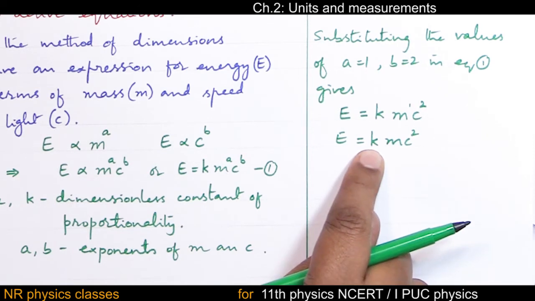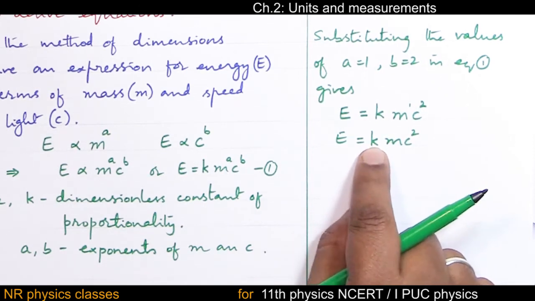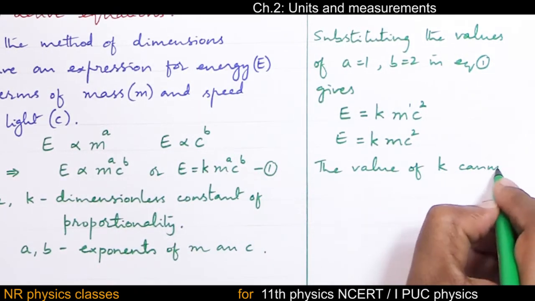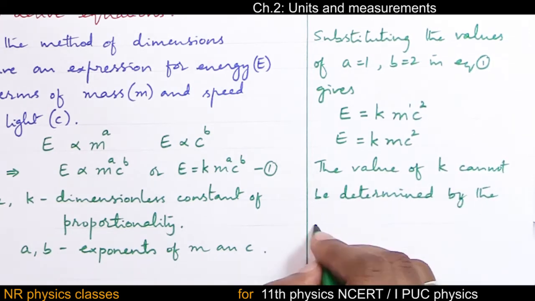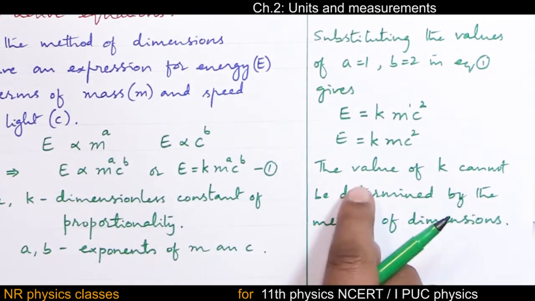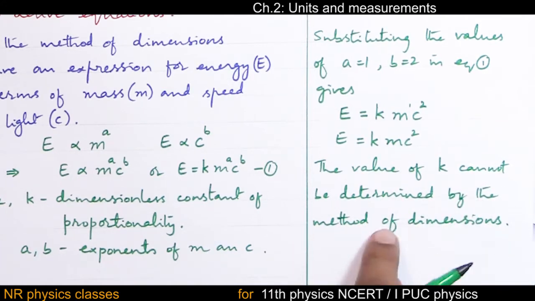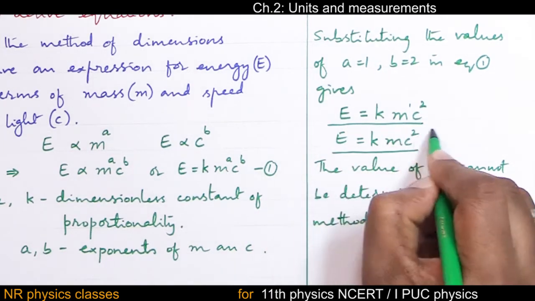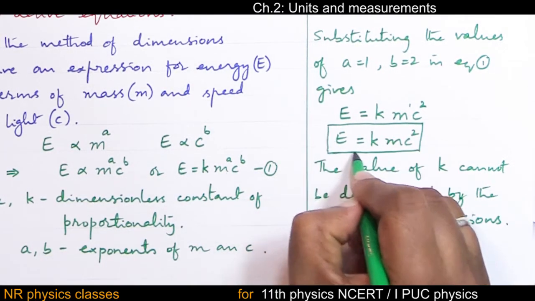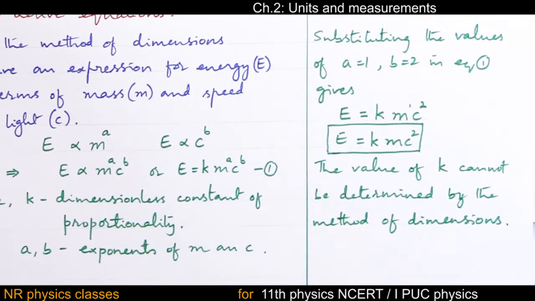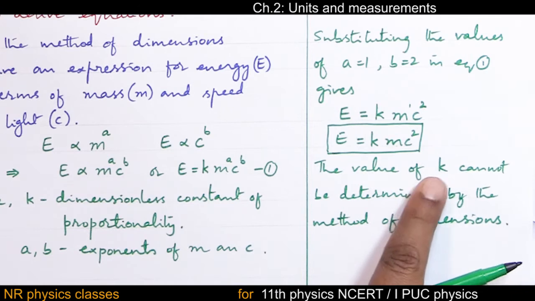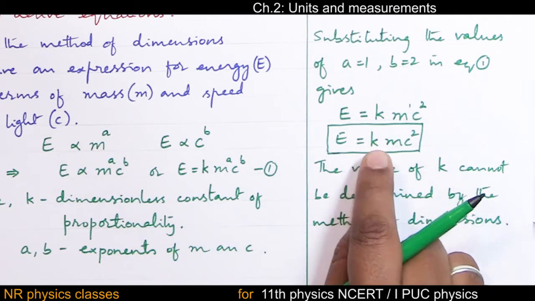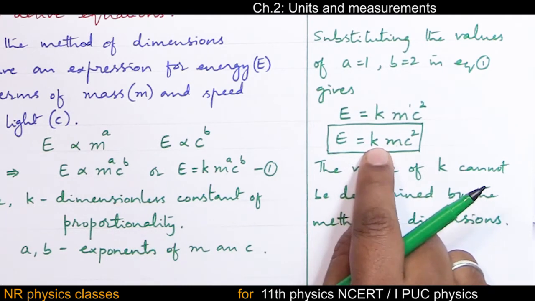So the value of K cannot be determined by the method of dimensions. So we can come up to this equation, E equal to K times mc square. This is one limitation of dimensional analysis: the value of K cannot be determined by the method of dimensions.